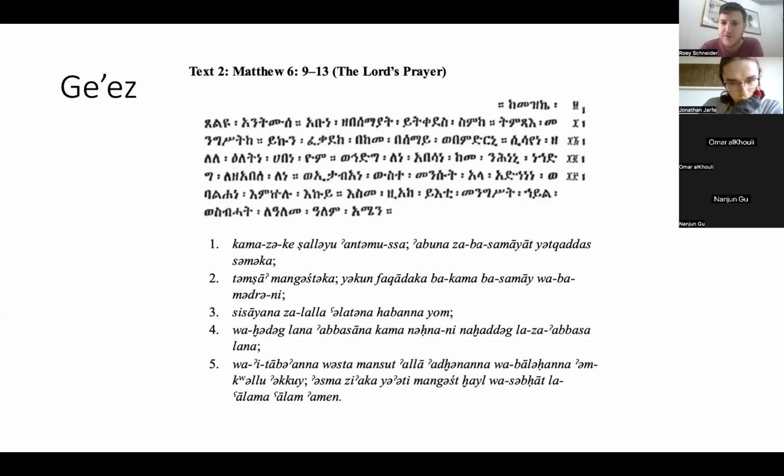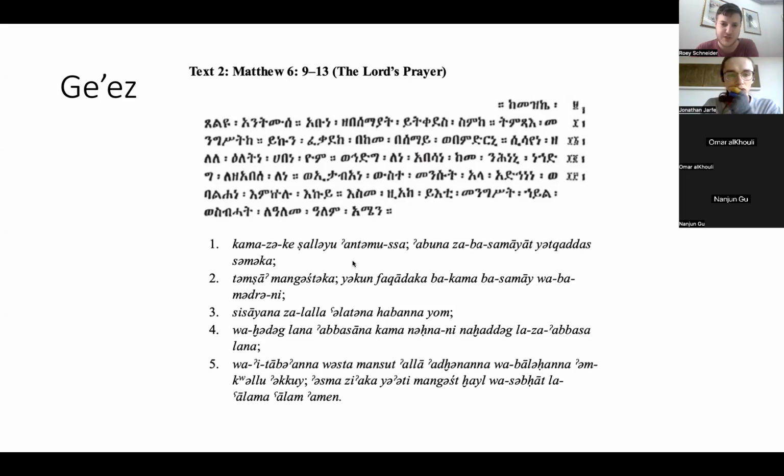Abuna, our father. Zaba Samayat, that is in the heavens, in the skies. Yitqaddas, will be honored, will be sanctified. Sumaka, your name. Timtsa, will arrive in the Jussive.